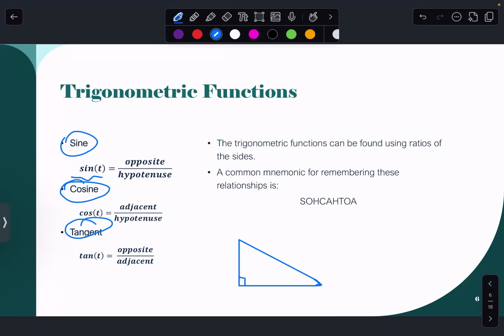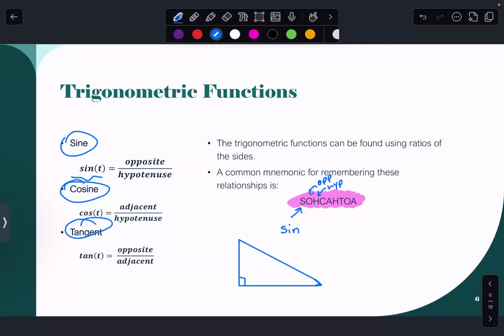So if you're having a tough time remembering that, we use this very common mnemonic for remembering these. And that mnemonic is called SOHCAHTOA. And basically, you're just saying all of those ratios at once, right? But just the first letter. So S would stand for sine, and then O would be opposite, and H hypotenuse.